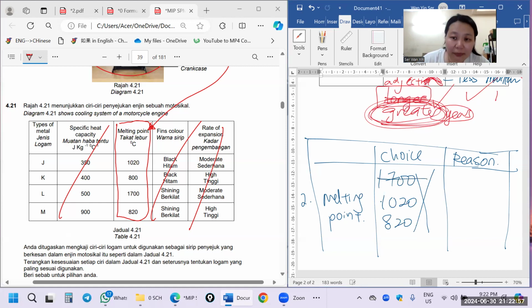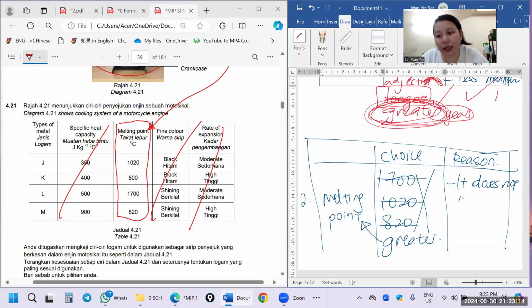We don't want number, we want greater melting point. Understand? Why greater melting point? So that it does not melt easily.